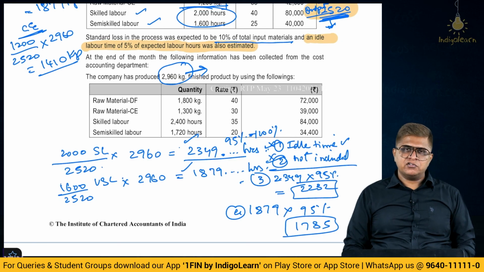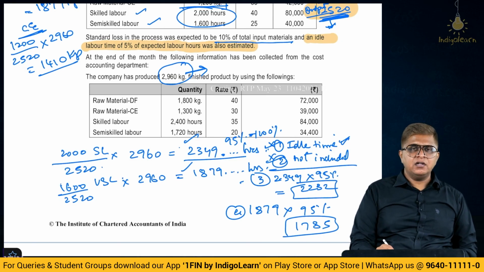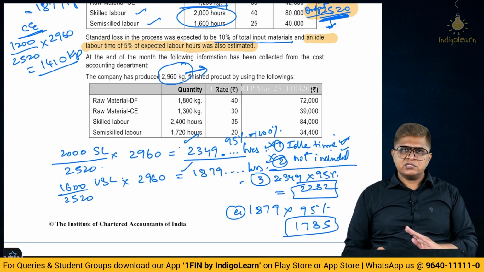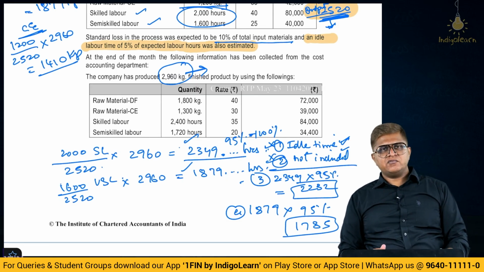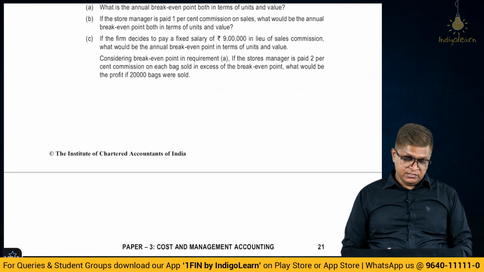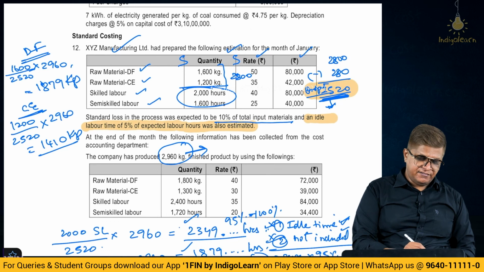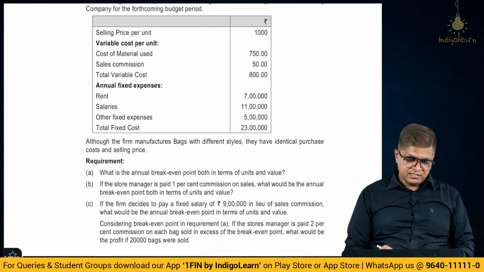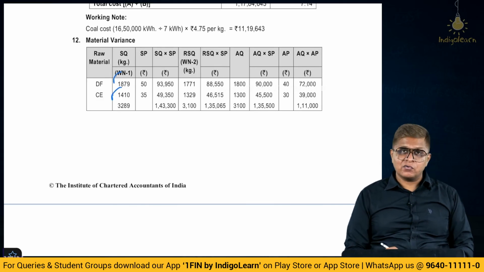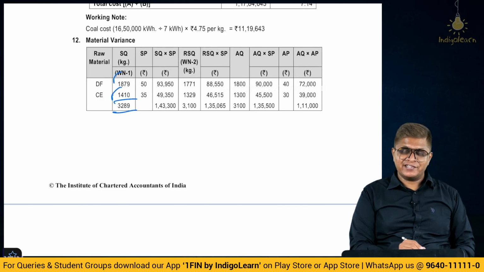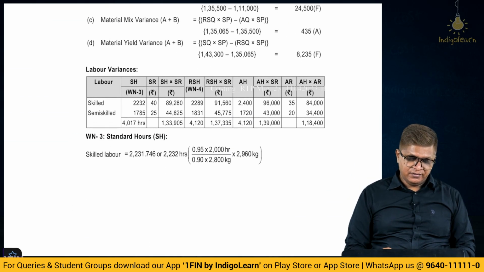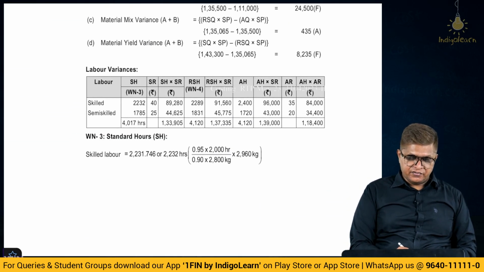However, when you are doing the actual calculation, do as per either assumption 1 or assumption 2. Subject to this, the rest of the question is simple and straightforward, and it is as we calculate our variances normally. So let me take you through that once. So 1879 and 1410, this is the material they have taken as standard quantity, which is okay. Rest of the calculations you can do by yourself. Coming to the labor, this is what I was referring to.